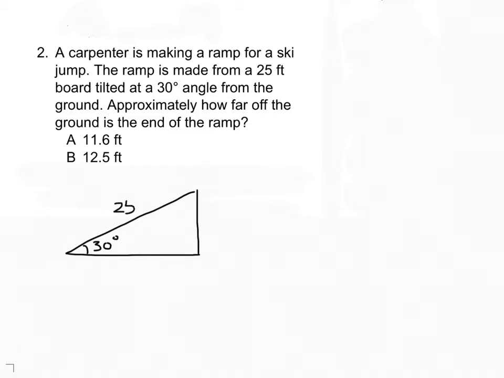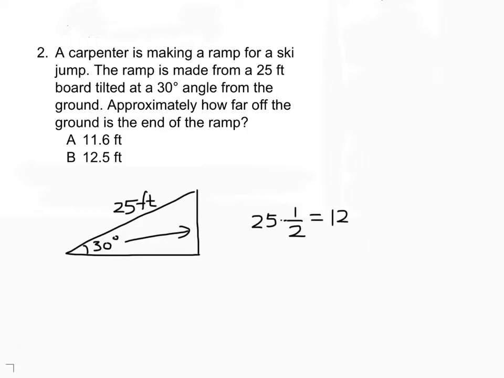So obviously this board is being tilted, 25 feet tilted. Do you remember that whenever you have a 30 degree angle, the side right across from it is always half of your hypotenuse? So what is 25 divided by 2, or multiplied by 1/2?